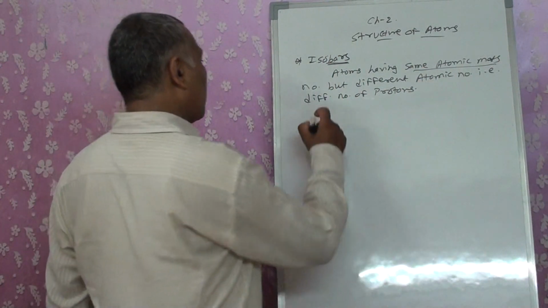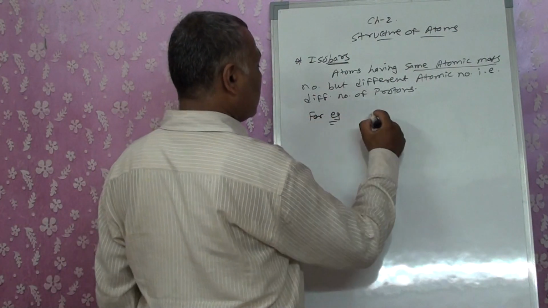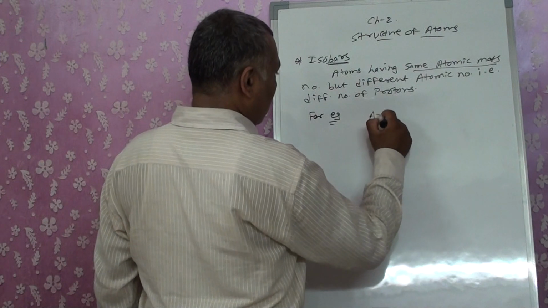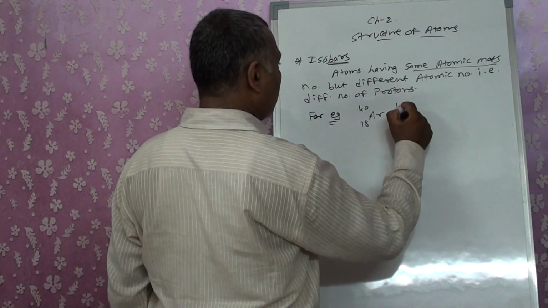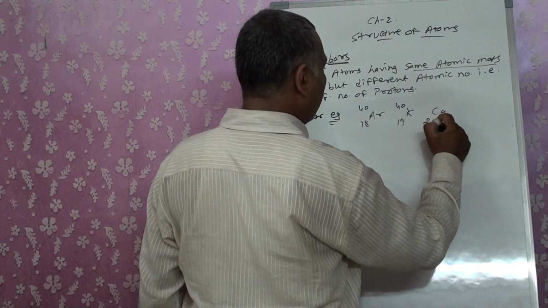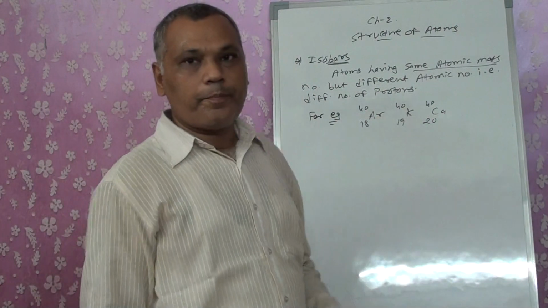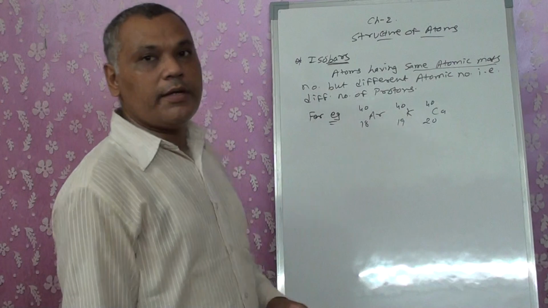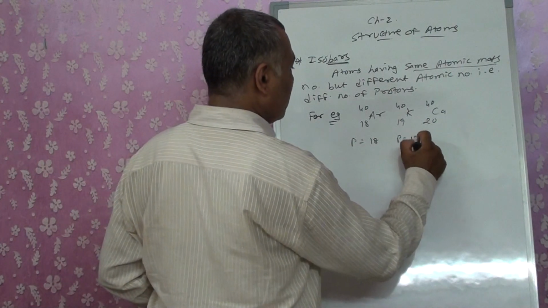For example, we can write argon 18, 40, potassium 19, 40 or calcium 20, 40. So what does it show? Mass is the same but atomic number is different, so protons are different.